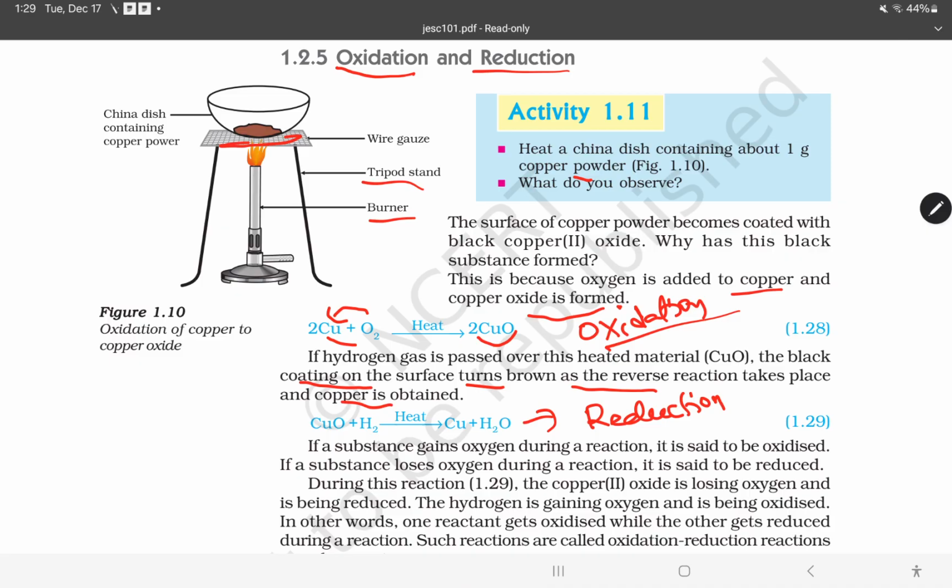Another observation you have to make here: copper is reduced and hydrogen is oxidized. In a single reaction, one element is getting oxidized and one element is getting reduced. So both things can happen in a single reaction.